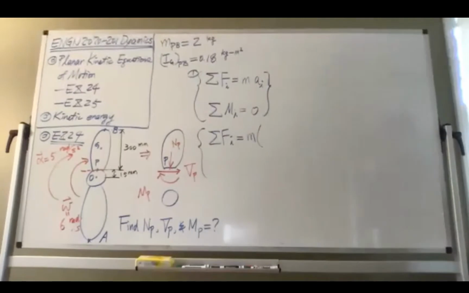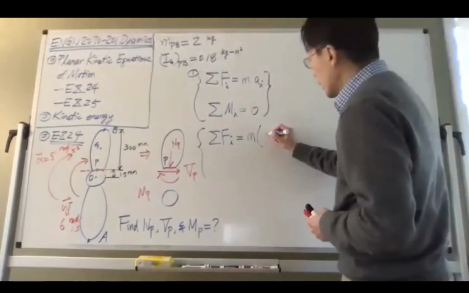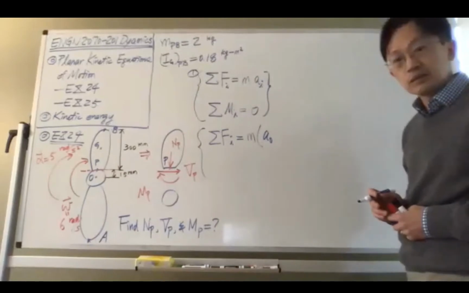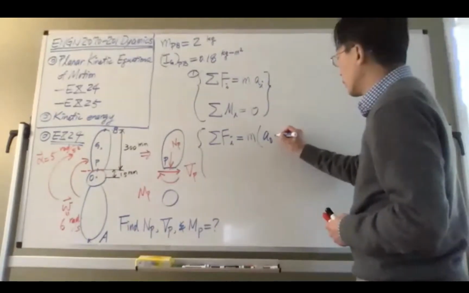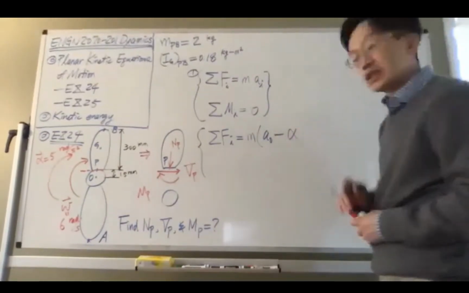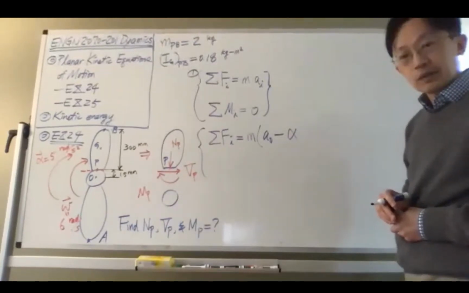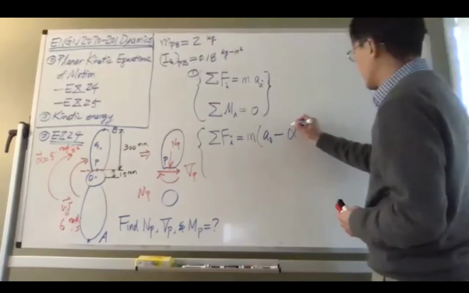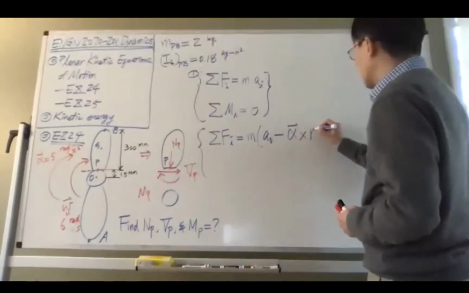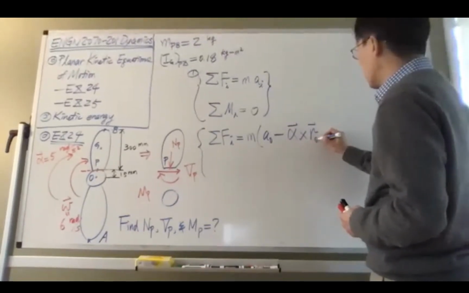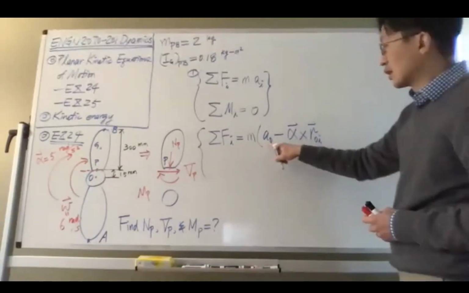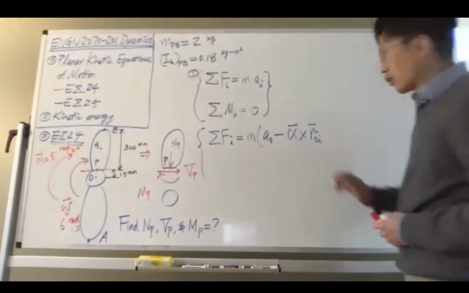So what's this? This means you will still have a reference linear acceleration, and then you have minus alpha, which is the angular acceleration, cross the distance between O and I, because O is just the reference acceleration.